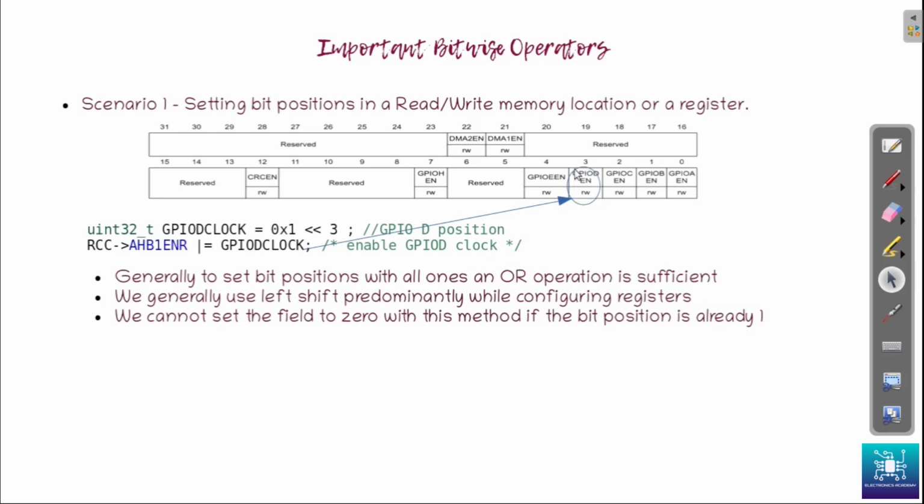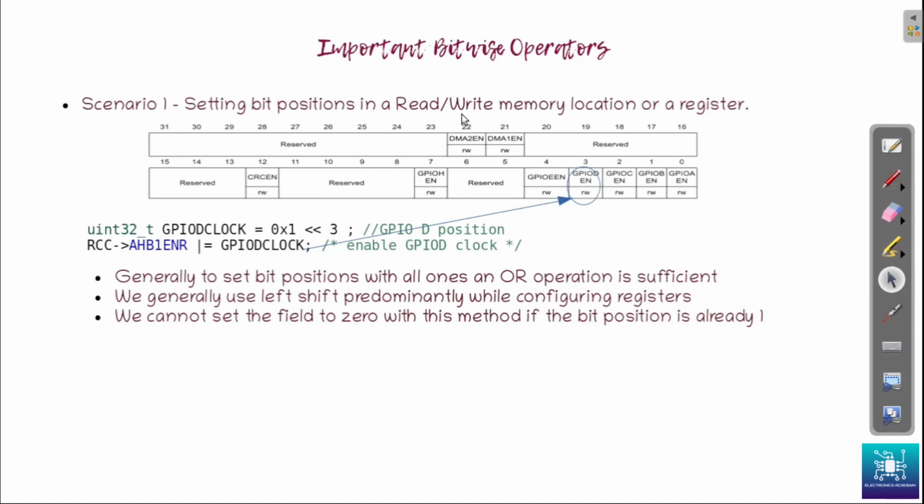So GPIO D. We want to enable the GPIO D block. So to enable the GPIO D block, we have to set the bit here. So far we have just been writing a complete 32-bit value into the register. That is not always how it should be done. You need to sometimes address that particular bit only.